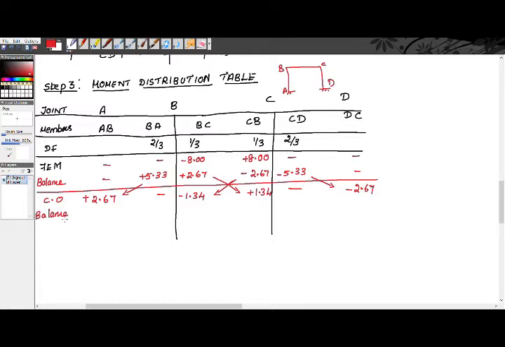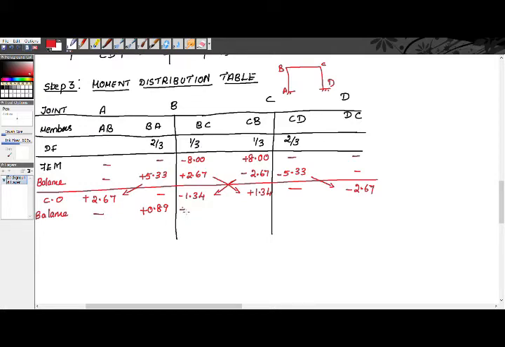Now we will go for balancing. Here it is fixed support, so nothing to balance. Here minus 1.34 multiplied by 2 by 3, we get minus 0.89. So balancing, it is plus 0.89. Now minus 1.34 multiplied by 1 by 3, we get minus 0.45.